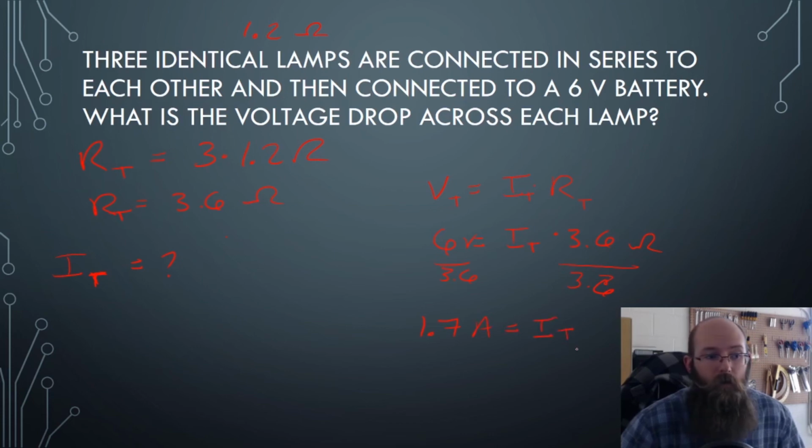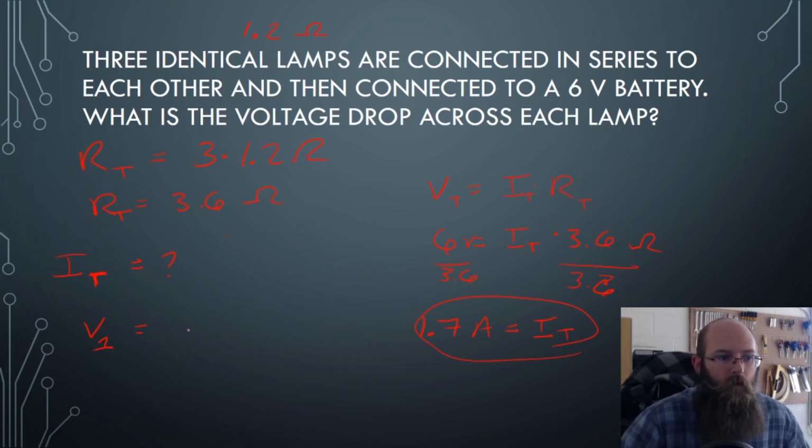I'm now going to use that number to find my voltage drop across each one of these things. So now I'm using V, my voltage across 1, equals my current at 1 times my resistance at 1. My current here is 1.7 amps. My resistance at that particular lamp is 1.2 ohms.